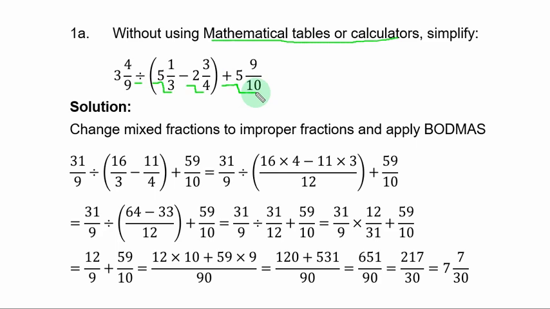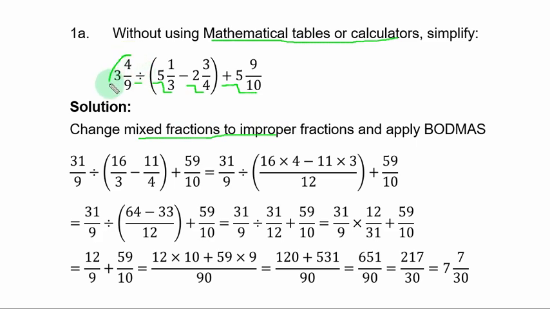Here you are simply asked to use BODMAS, the rule of BODMAS, to simplify this fraction. First thing first is to change the mixed fractions to improper fractions.